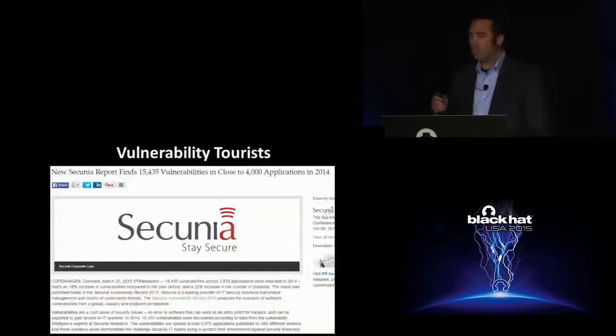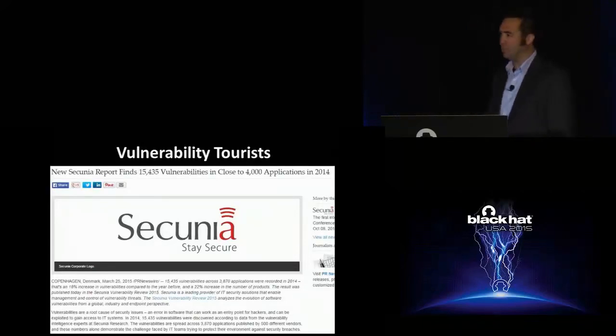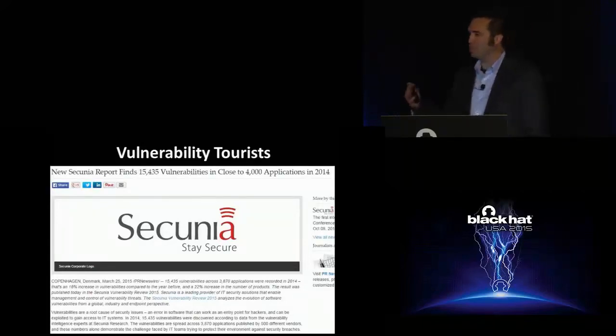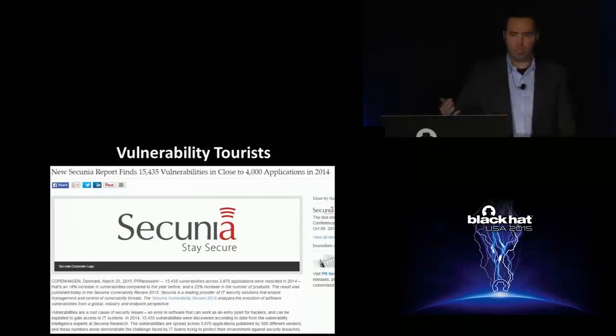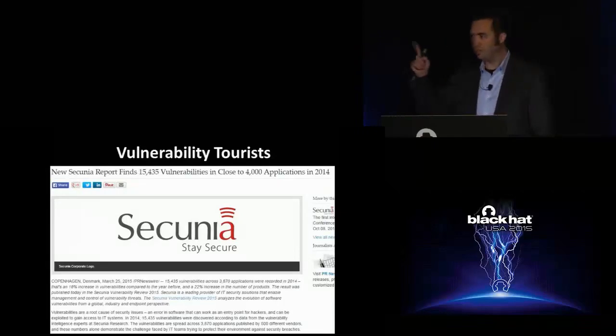So Secunia, a company that does vulnerability intelligence, put out a pretty nice report. They counted that there were over 15,000 vulnerabilities. Again, when you look at some of these reports, you need to understand the methodology behind it. Most people would agree Heartbleed was one vulnerability.